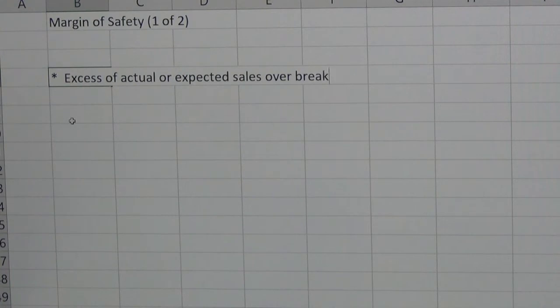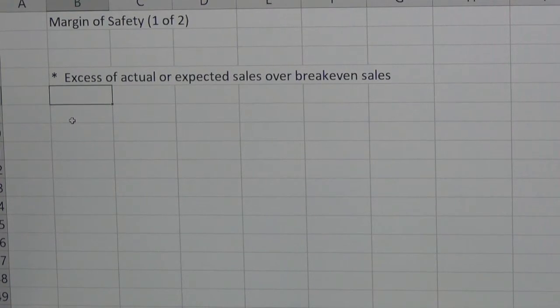We're talking about the excess of actual or expected sales over break-even sales. So we're looking for that dollar amount that's going to be above the sales amount we need to at least break even. Whatever we sell above that, that's going to be considered the margin of safety.